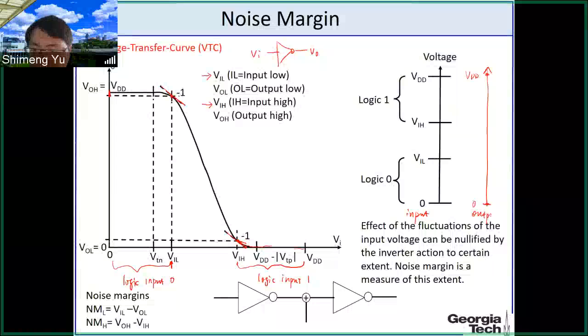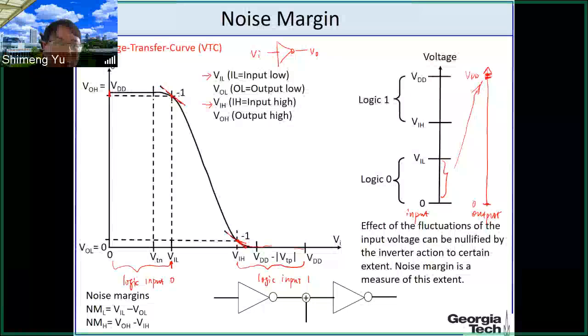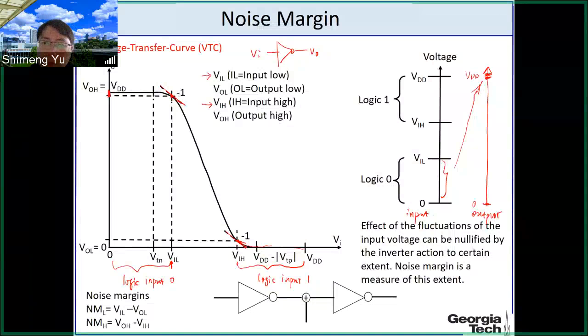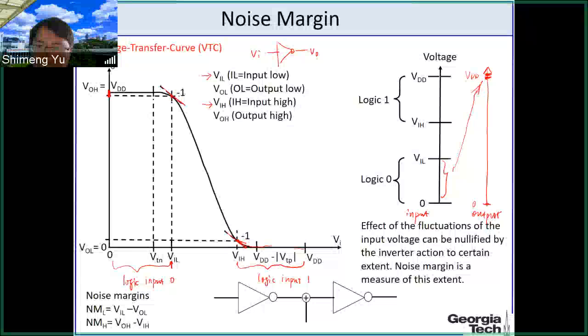Let's say this is the output, and you know the inverter is going to invert the signal, so the output will be in this range. If the input is logic 1, it can be within this range because the output will be pretty close to the ground.